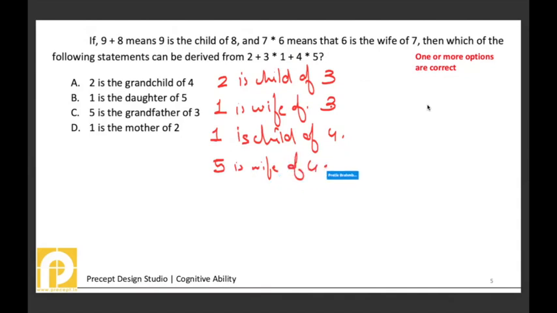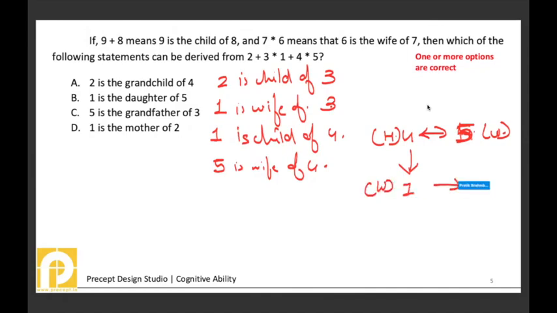So how this tree follows, okay? 4 and 5 are husband and wife. 5 is wife, it's already given, and 4 is husband. Both of their daughter is 1, which is wife, and 3 is the husband, and their child is 2, which is the grandchild of 4 and 5.